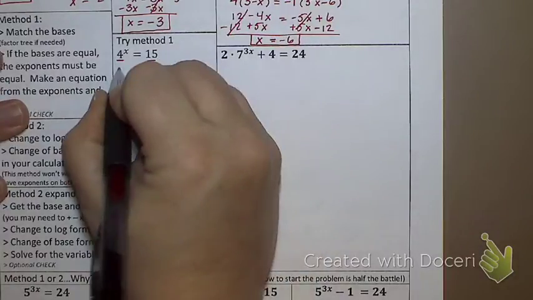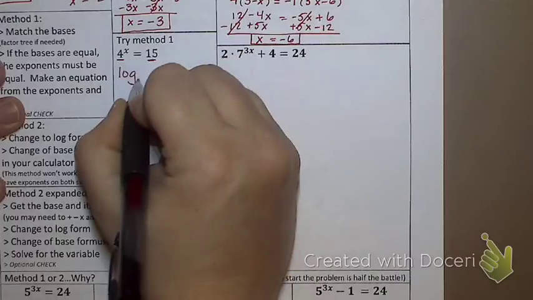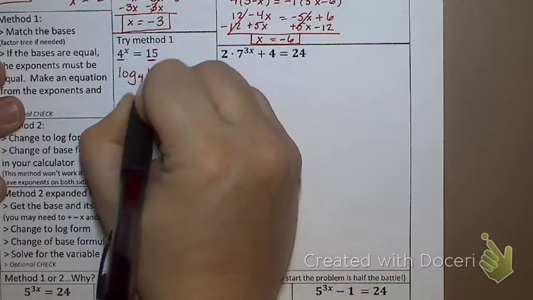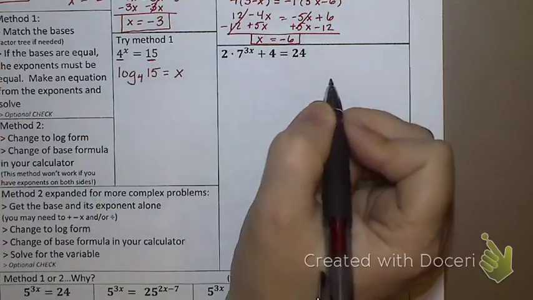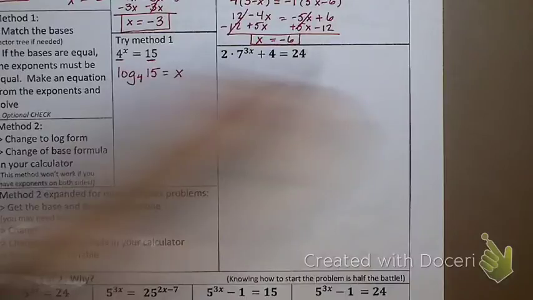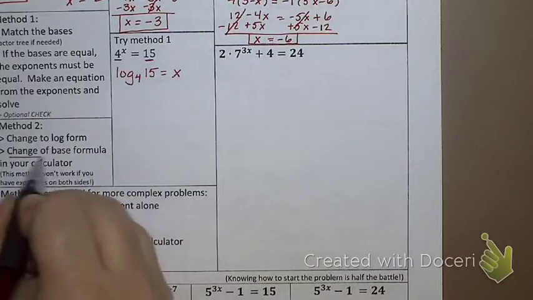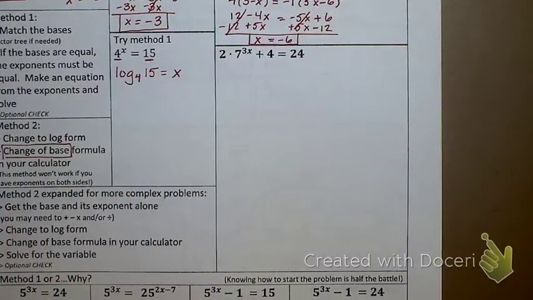So if I were to write this in log form, what would my base be? Log base 4 of 15 equals x. How do I solve log base 4 of 15?